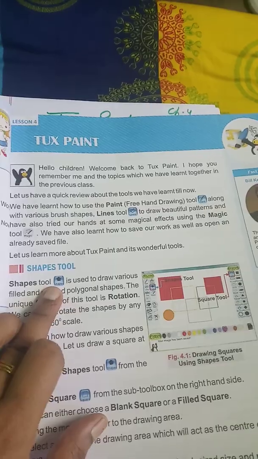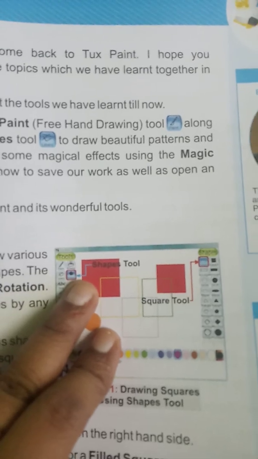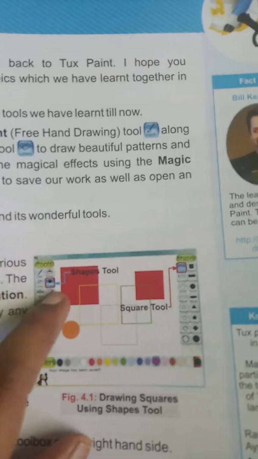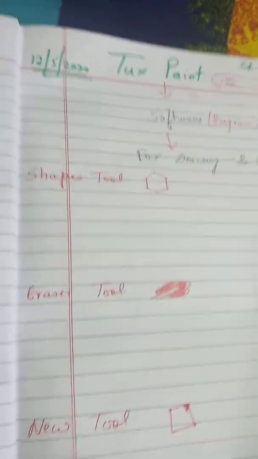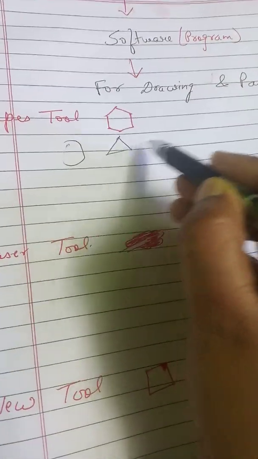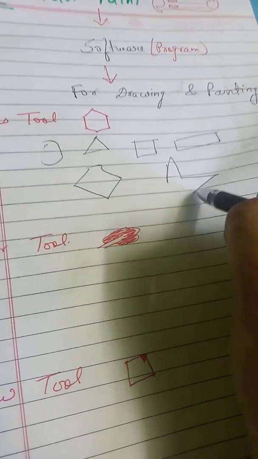Shapes tool is used to draw various filled and unfilled polygonal shapes. When we have to insert shapes, we insert them with this tool. This is the shapes tool, and with the help of that we can draw different types of shapes, like circle, triangle, square, rectangle, diamond, star.